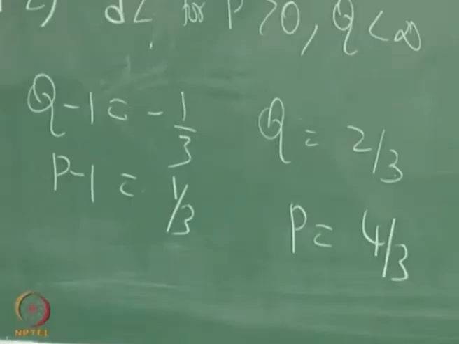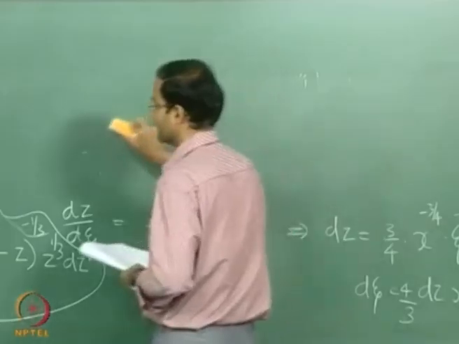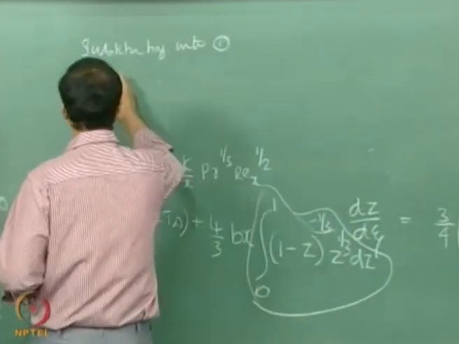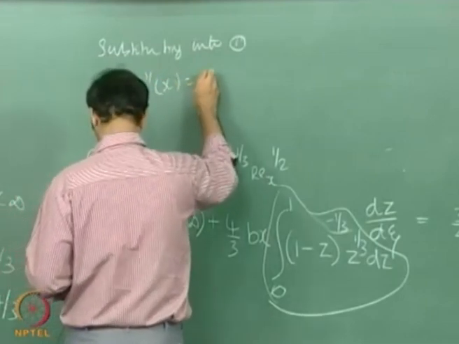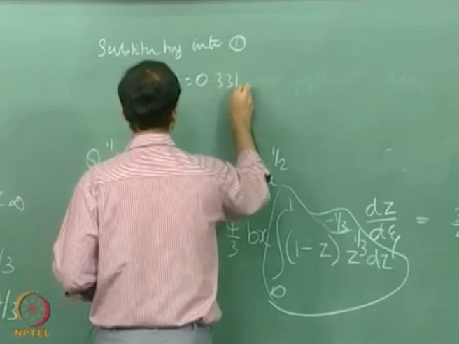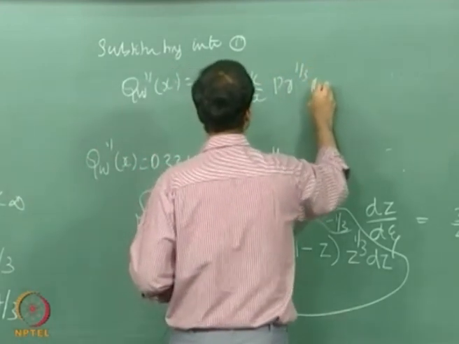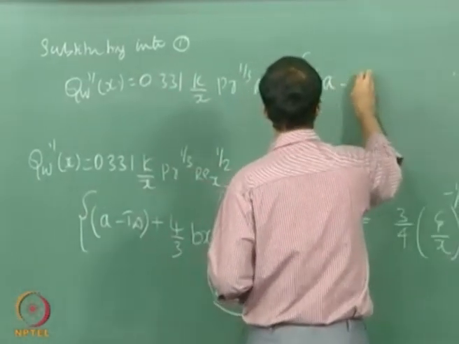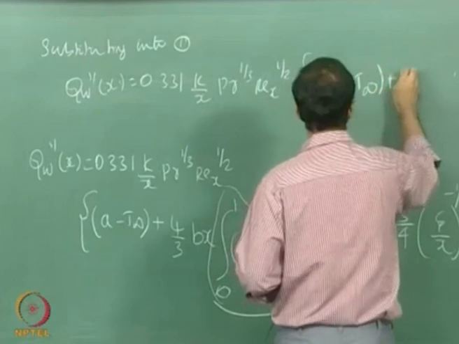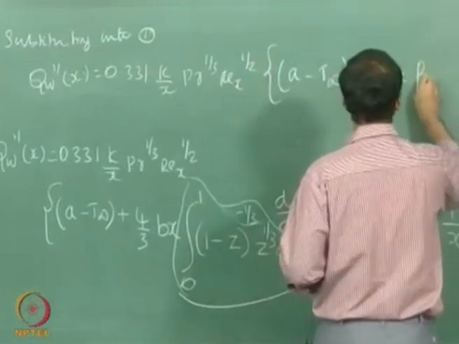We can write it again. Everything here as it is: A minus t infinity plus 4 by 3 bx into the beta function.